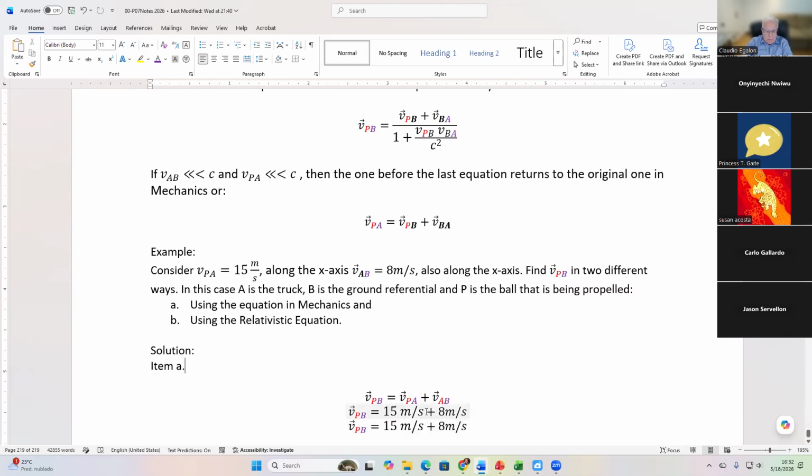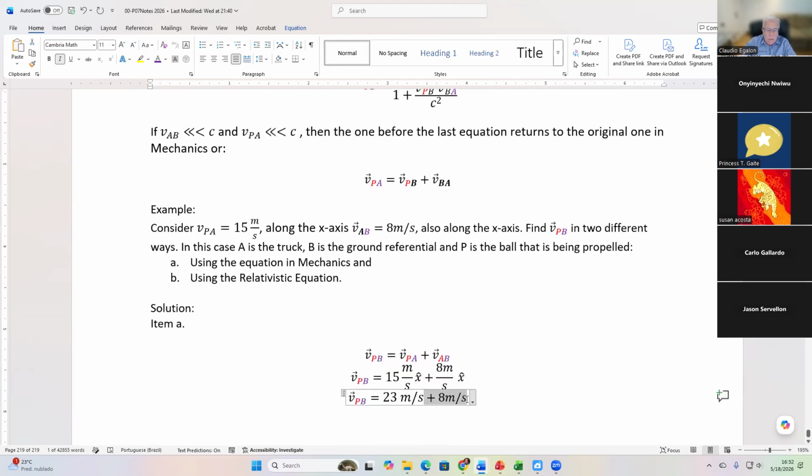Item A, I gotta put the x-axis here, x hat. We get 23 meters per second along the x-axis.